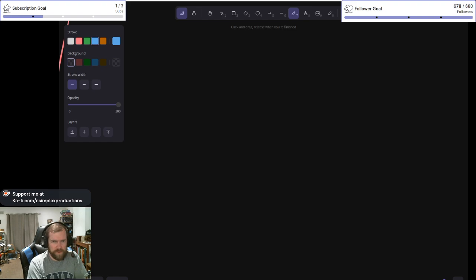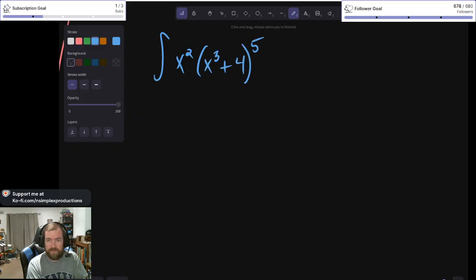Another possibility would be something like, what is the integral of x squared times (x cubed plus 4) raised to the 5th dx? Now, there are two ways to do this. One is that you could expand the binomial out to your whole 6-term sequence, multiply in x squared to every single one of them, and then go from there.